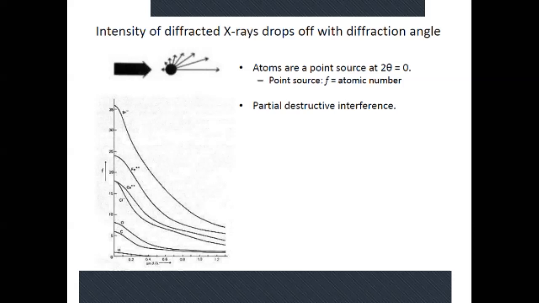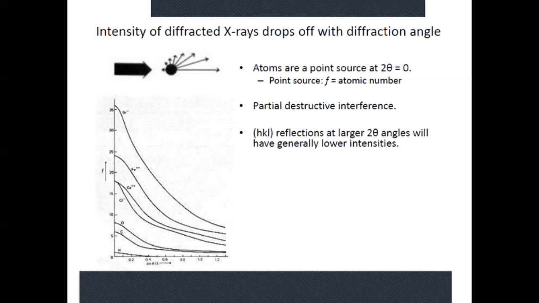So we have some partial destructive interference that occurs, and this results in HKL reflections at larger 2 theta angles having lower intensities. And we talked about this yesterday. So the further out you are on the diffraction image, the larger the 2 theta value, generally the lower the intensity of those X-ray reflections.